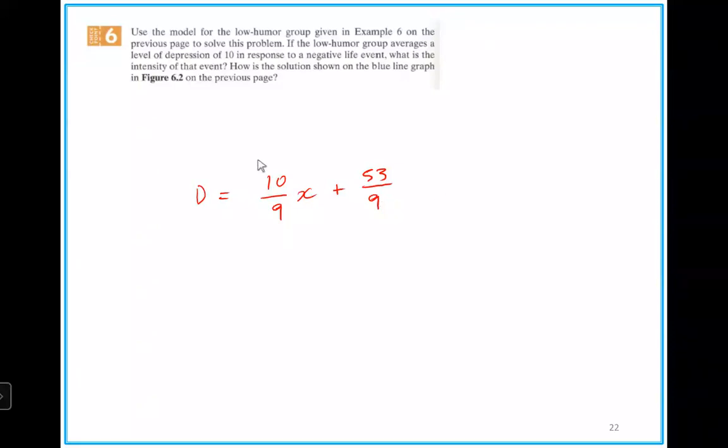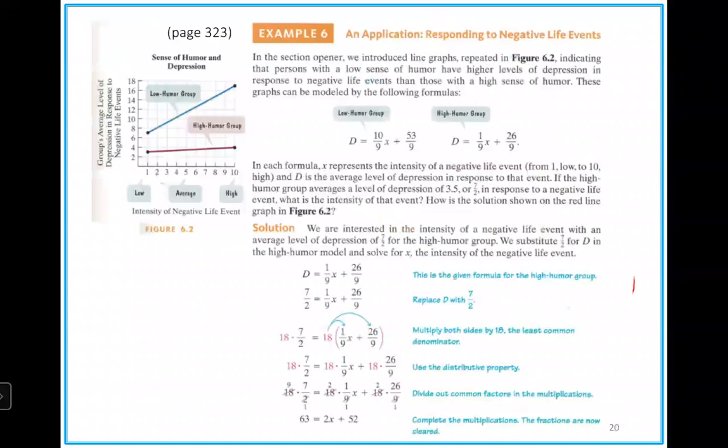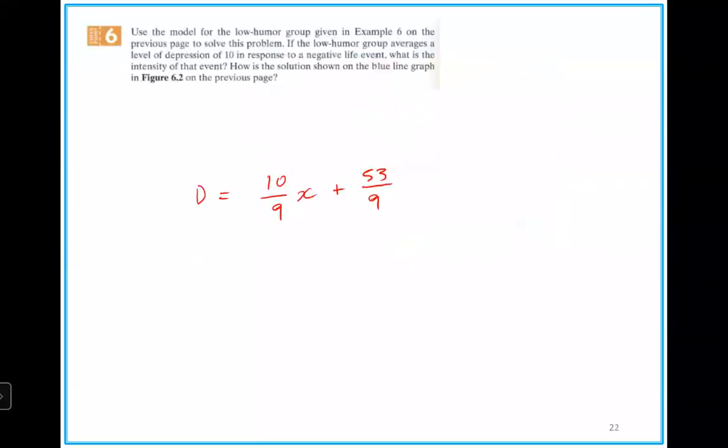Okay, so the formula for the low humor group is D equals 10 over 9 x plus 53 over 9. They tell you that in this case the level of depression is 10.